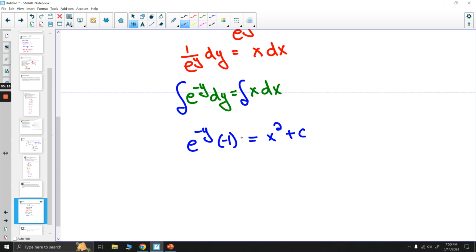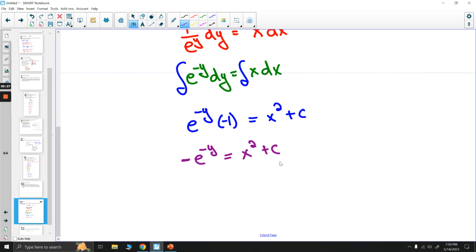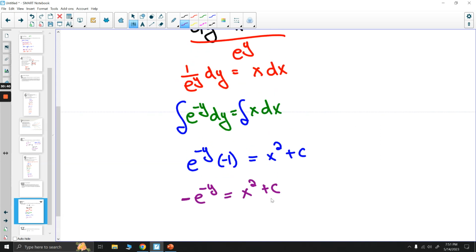All right, so now we have e to the negative y times the negative 1 is equal to x squared plus some c. Now, if you notice, we have some negative values, so obviously the c has to be some sort of negative for this to be able to work, and we can actually see that. We'll find what that c is.